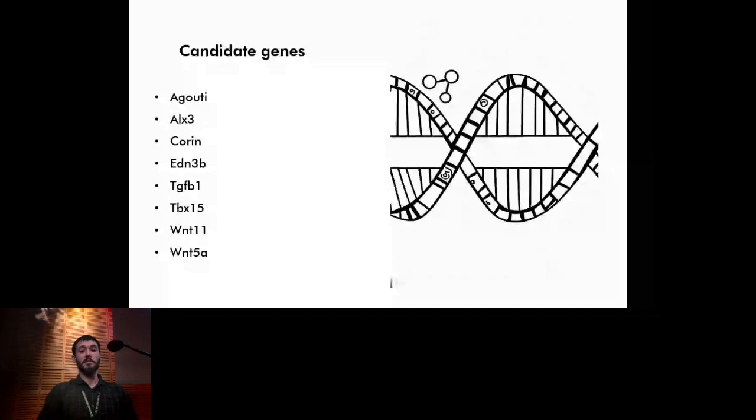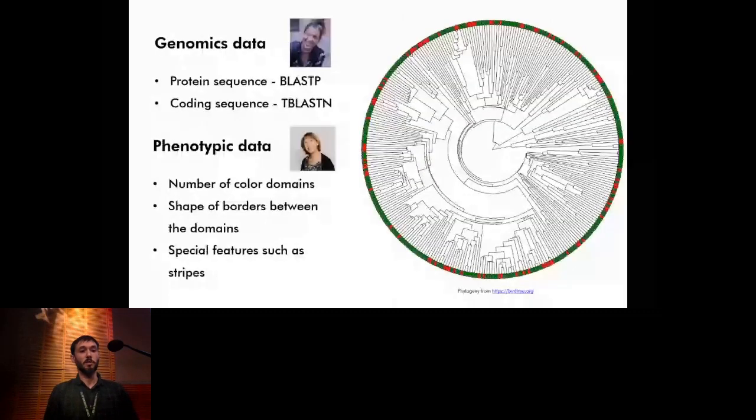And then we want to test which genes from these candidate genes, or if any, are related to these patterns, if they're responsible somehow. And I want to give a brief overview of methods which exist already to do this.